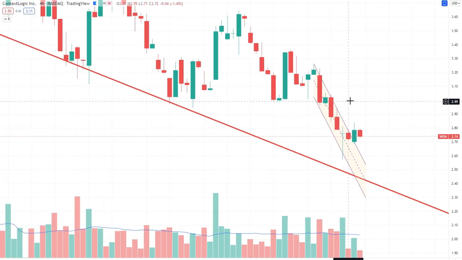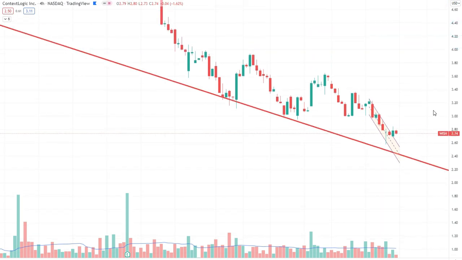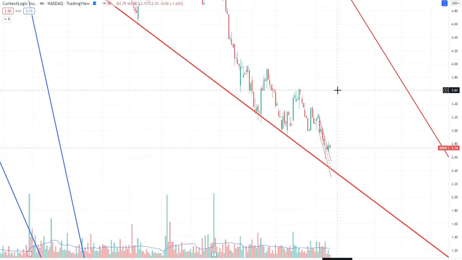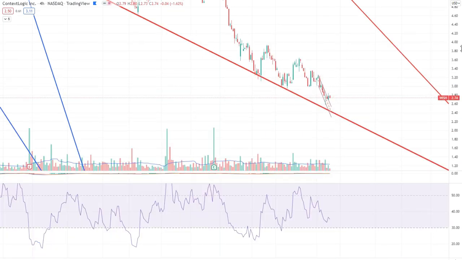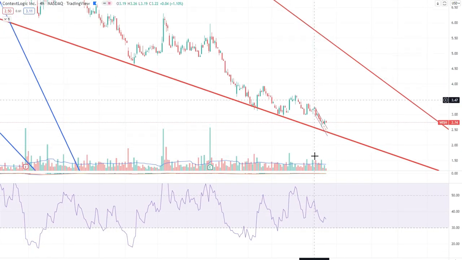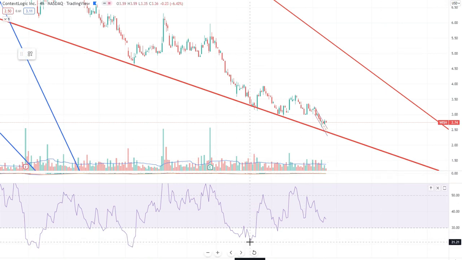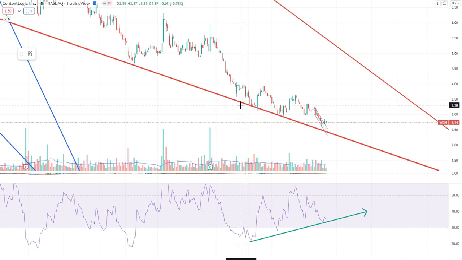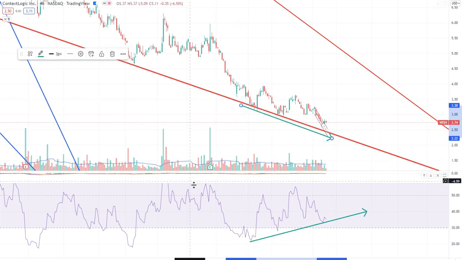So I think that the market is willing to find a reversal point anytime soon. And if we look at still the 4-hour chart, including the RSI, look here guys, this divergence here. This is pretty evident.